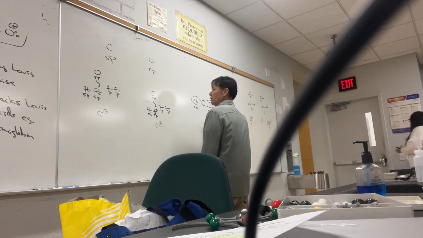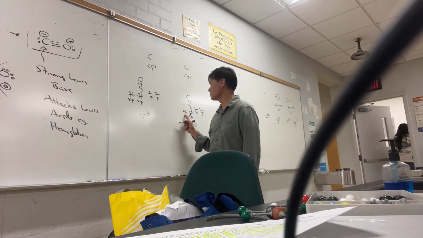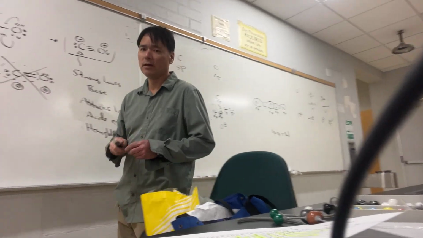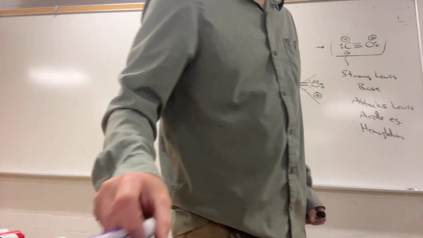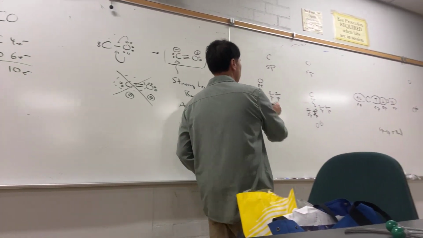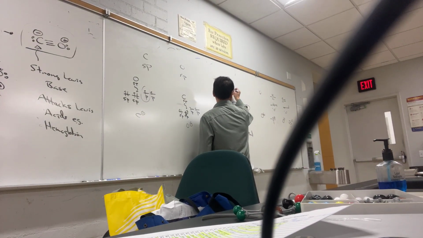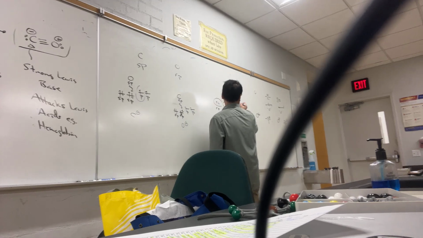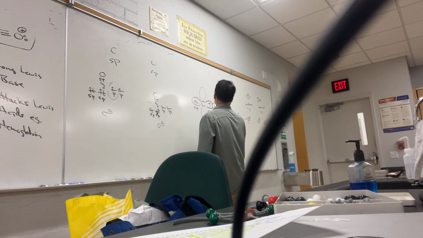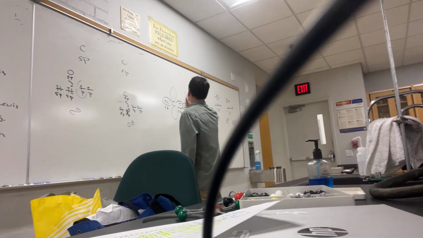And oxygen's p's are smaller. So this p orbital I'm going to put spin up on carbon. And the p orbital on oxygen I'm going to make spin down like this.